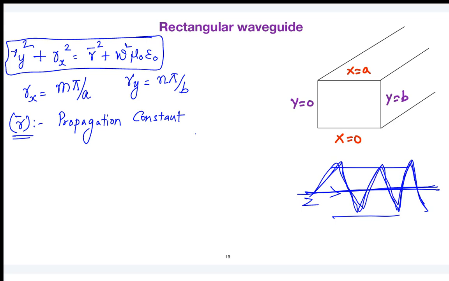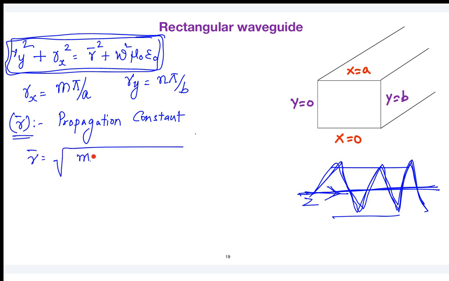So the propagation constant along z direction is gamma bar equal to root over m pi by a whole square plus n pi by b whole square minus omega square mu naught epsilon naught. So this is the propagation constant.